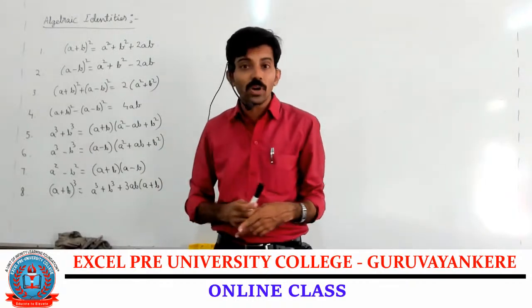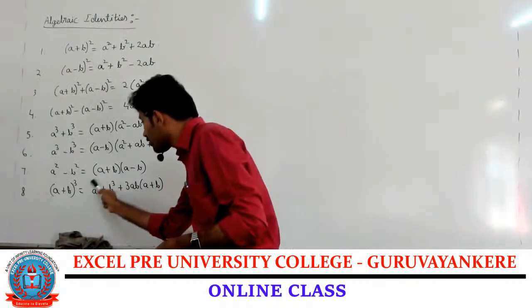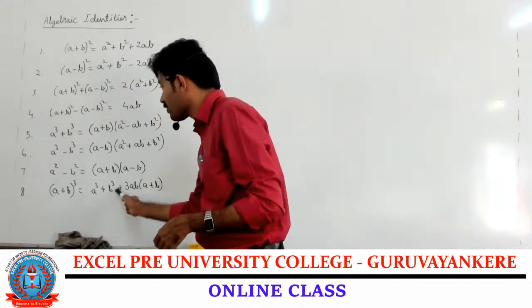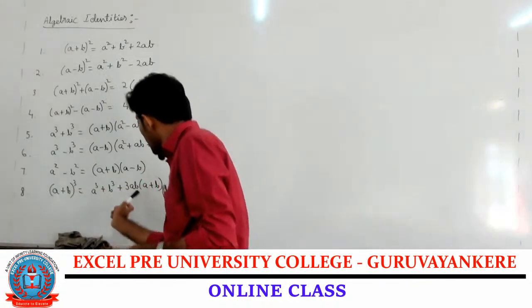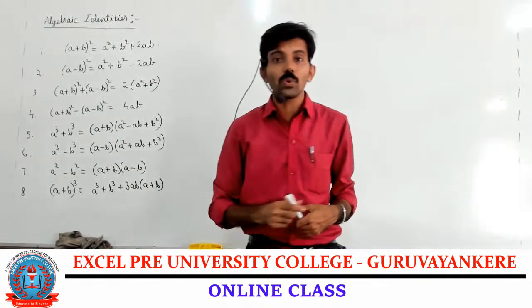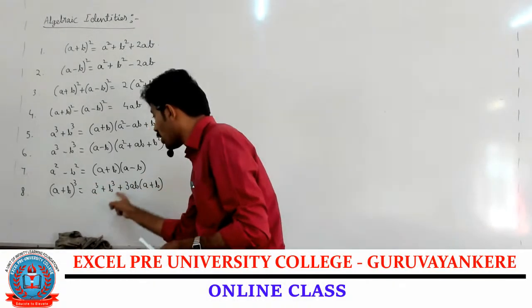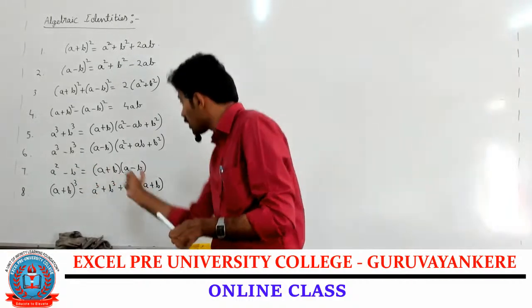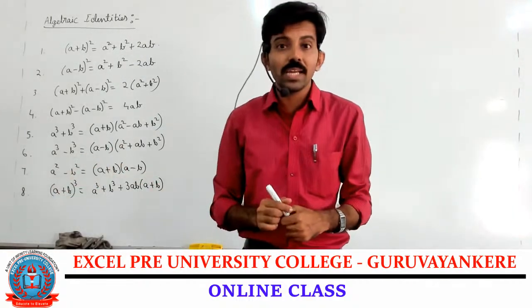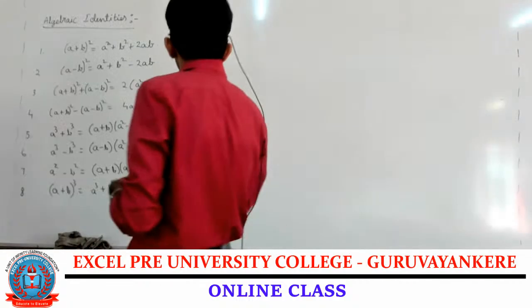Another formula for a cube plus b cube can be got from this: a cube plus b cube is (a plus b) the whole cube minus 3ab into (a plus b), correct?